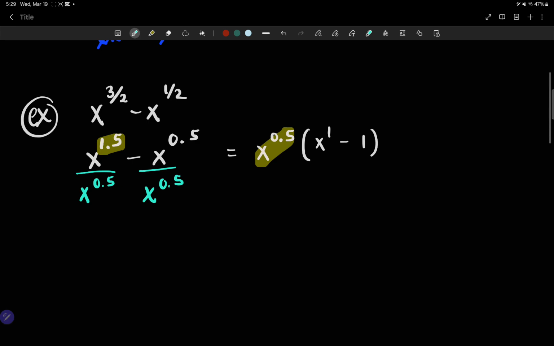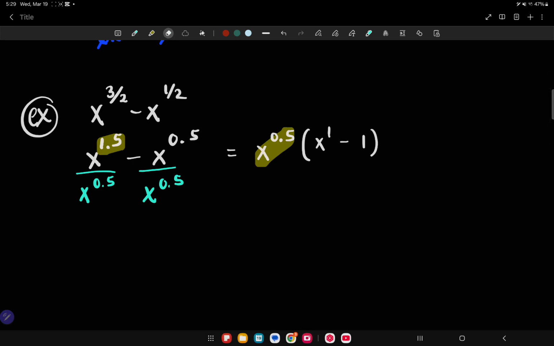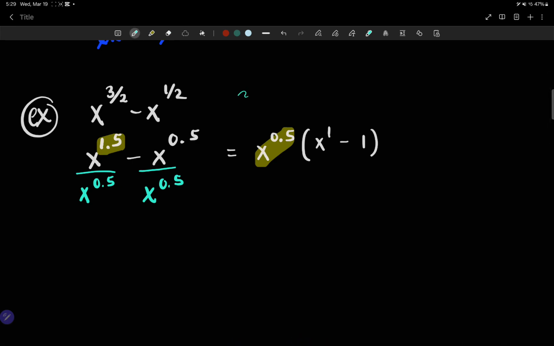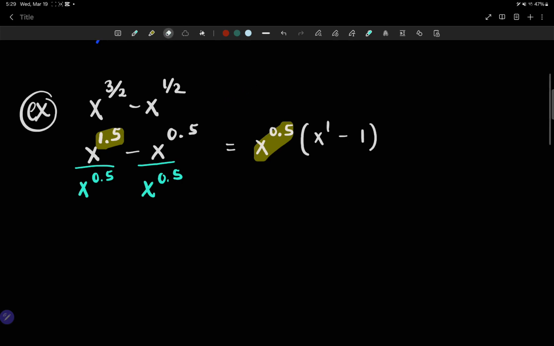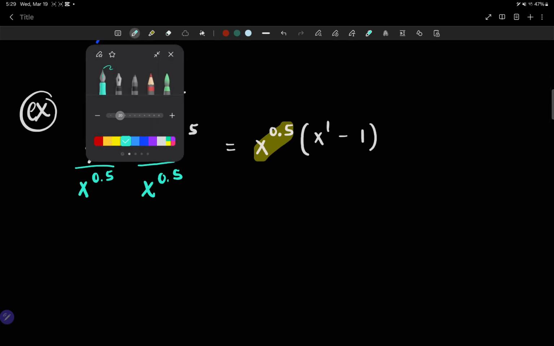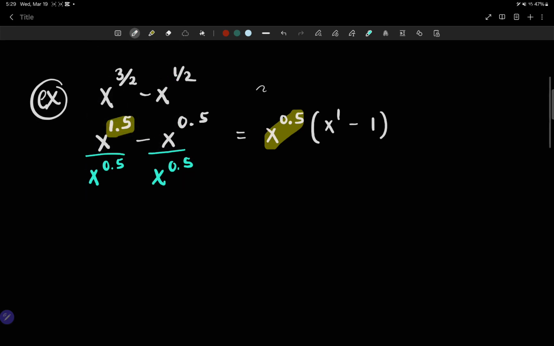Now, instead of writing it like this, we could have gone back to writing it as fractions. In terms of fractions, we would have written the 0.5 as x to the 1/2. So I'd have x to the 1/2 on the outside.